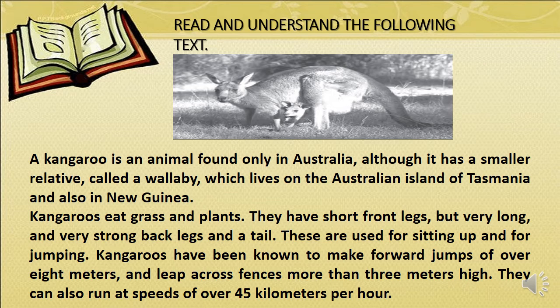Kangaroos eat grass and plants. They have short front legs but very long and very strong back legs and a tail. These are used for sitting up and for jumping. Kangaroos have been known to make forward jumps of over 8 meters and leap across fences more than 3 meters high. They can also run at speeds of over 45 kilometers per hour.